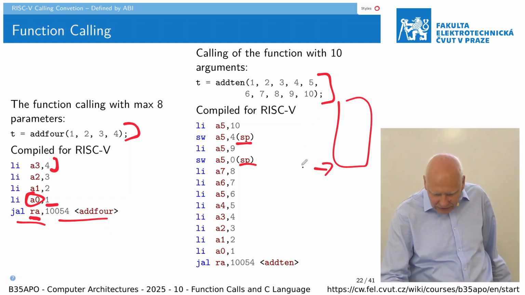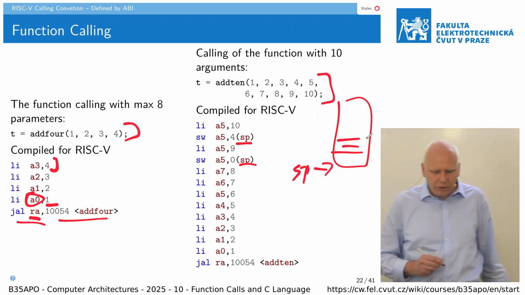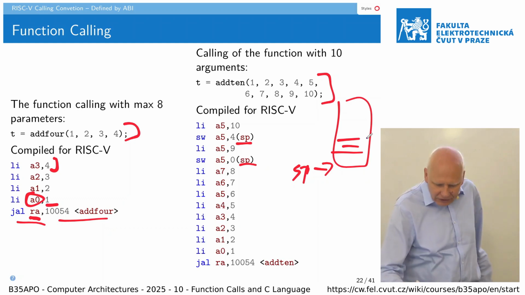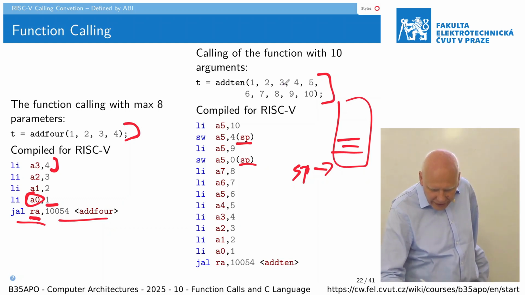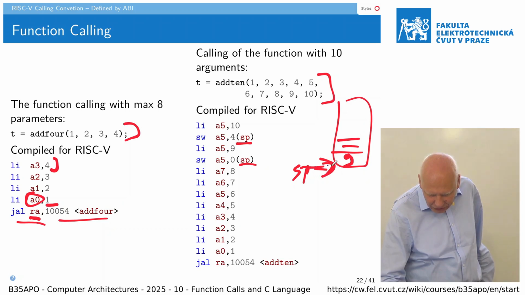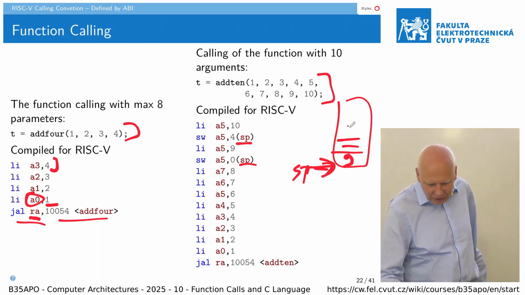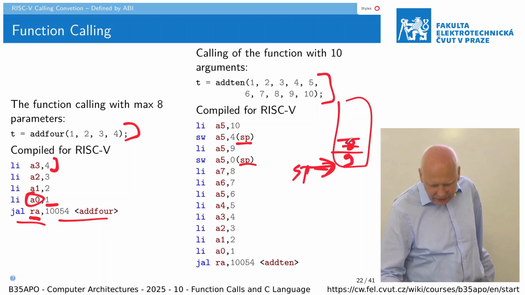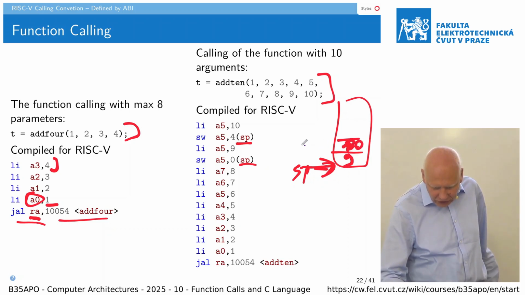The stack pointer is pointing there, and then there is some space on the top of the stack, and we store argument 9 exactly at the position where the stack pointer points, and argument 10 to the next location, so SP plus 4.